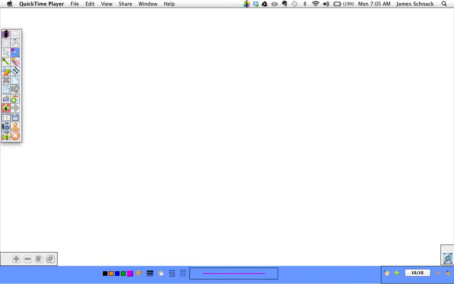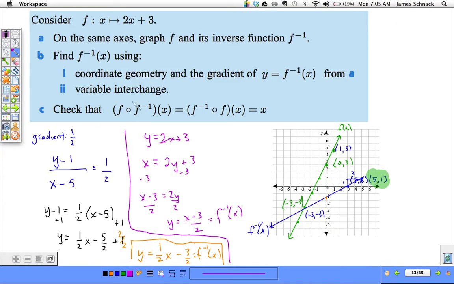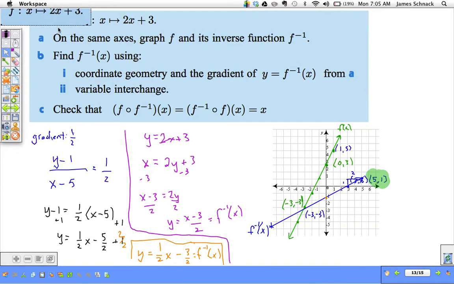And the last thing I want to do before we finish up, I want to verify that this has an inverse of this. So let me get this down on paper here.